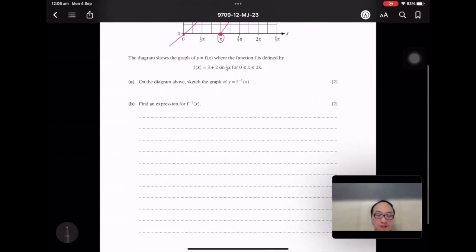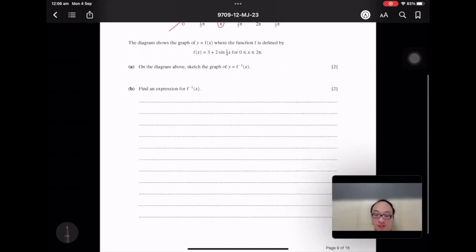Find an expression for f inverse x. So we know that y equals 3 plus 2 sine 1 over 4x. So we can change it to x equals 3 plus 2 sine 1 over 4y. And then we make y the subject. So 2 sine 1 over 4y equals x minus 3.